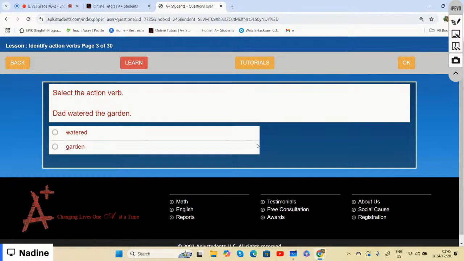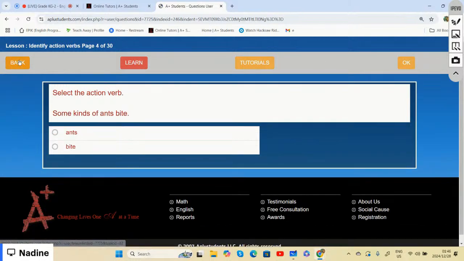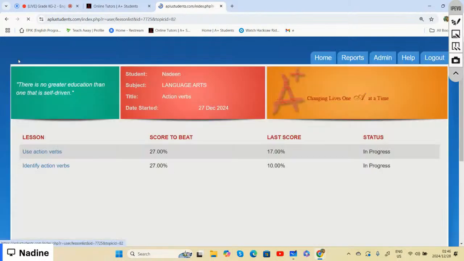So Dad watered the garden. And well done. We can then say option one, it tells us what Dad is doing. He watered the garden. Well done. So watered is correct. All right, so this is now the end of our lesson on action verbs.